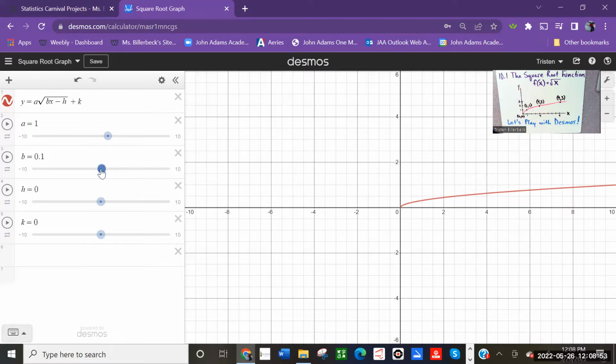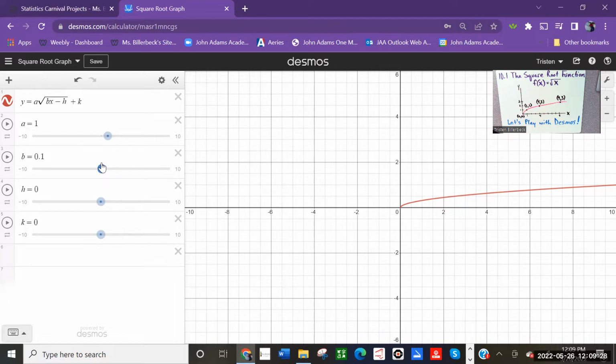But this one, when we have a b in here, it's called a horizontal stretch because look, it's stretching closer to the horizontal. So when that is inside here and associated right with that x, it's called a horizontal stretch. So as we see, if it's a fraction, it does the opposite and it stretches horizontally as opposed to a vertical compression. You see how that's very opposite?